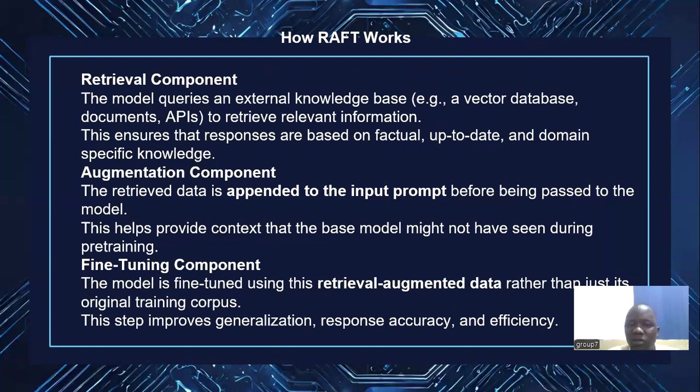The model queries an external knowledge base, for example a vector database or APIs, to retrieve relevant information. When we talk about RAFT improving AI by letting it retrieve, it searches, retrieves, uses, and learns from external information, rather than relying only on what it memorized when it was being trained.